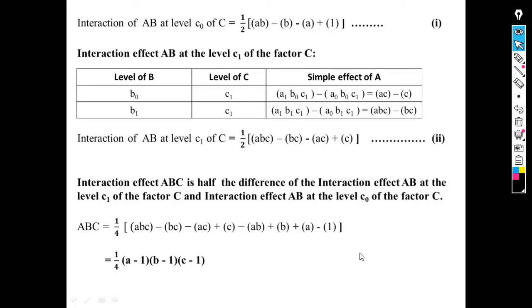Interaction effect AB is 1 by 4 (A minus 1)(B minus 1)(C plus 1). Interaction effect AC is 1 by 4 (A minus 1)(B plus 1)(C minus 1). Interaction effect BC is 1 by 4 (A plus 1)(B minus 1)(C minus 1). And interaction effect ABC is 1 by 4 (A minus 1)(B minus 1)(C minus 1).